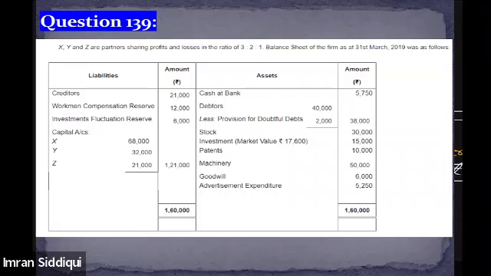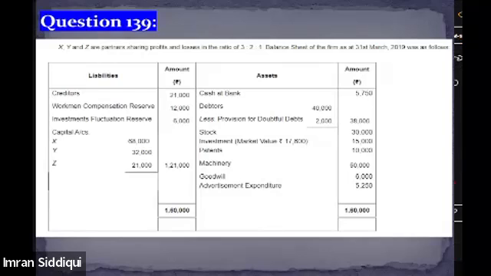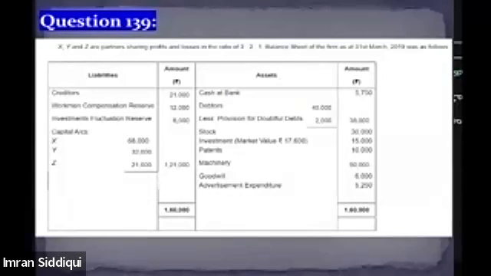This time, partners X capital account and Y capital account will be debited to Z. So I'm going to write it as Z's capital account, X capital account will be debited by 3480 and Y's by 2320, right?